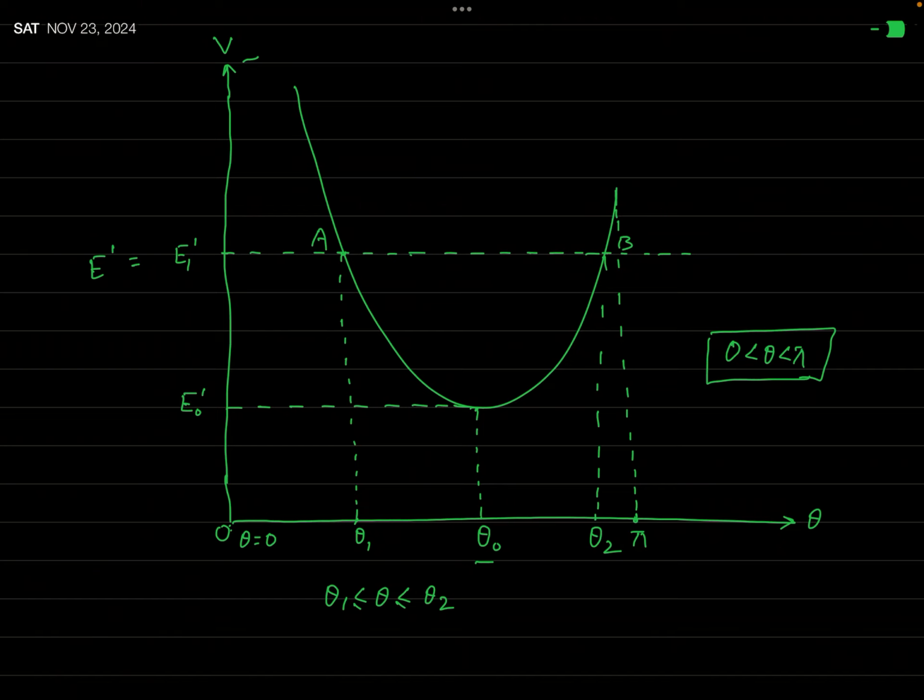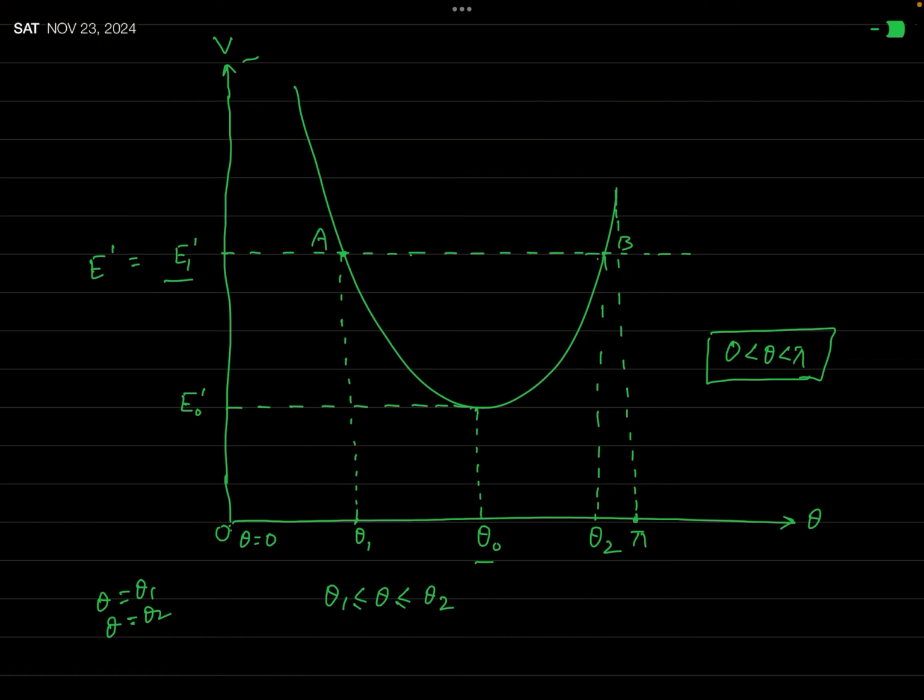You can see this line actually intersects the curve at two points, at A and at B. Corresponding to A, the value of theta is theta 1, and corresponding to point B, the value of theta is theta 2. So actually the motion is limited between theta equal to theta 1 and theta equal to theta 2 for this value of energy E1 dashed.